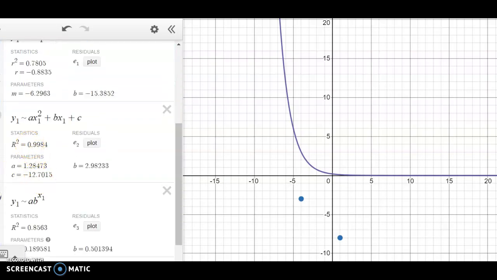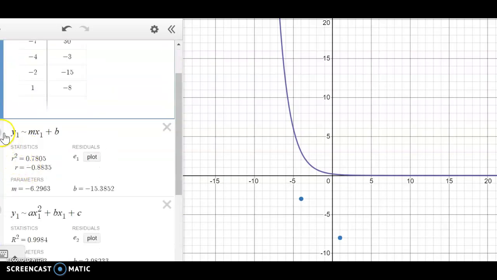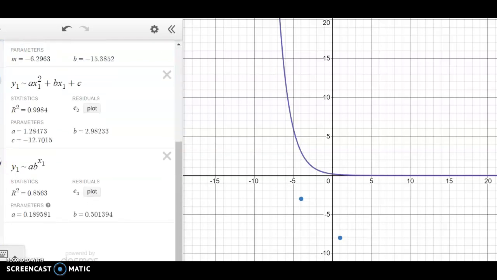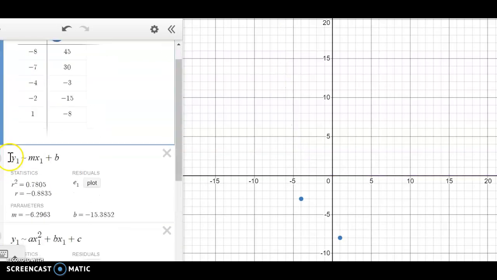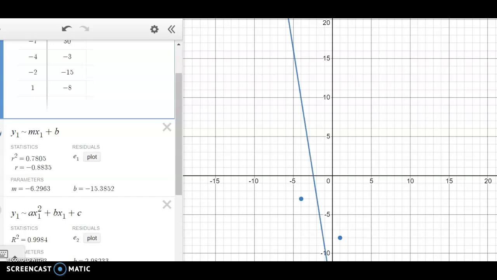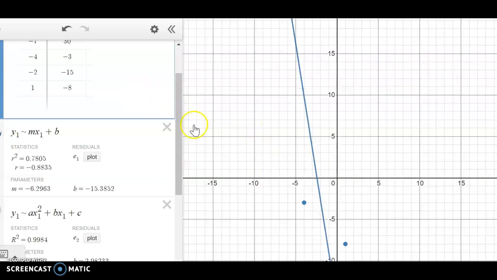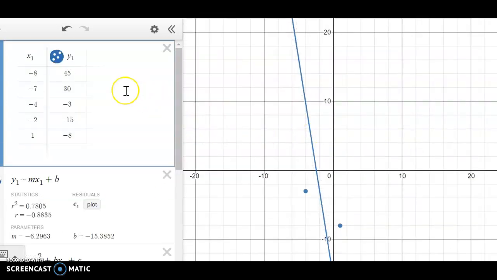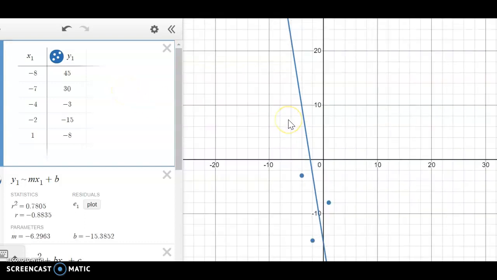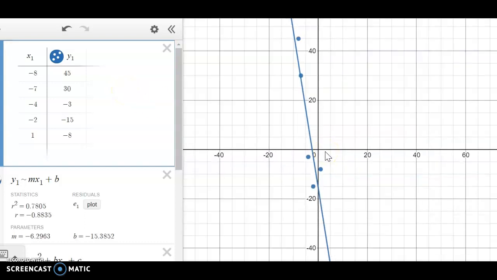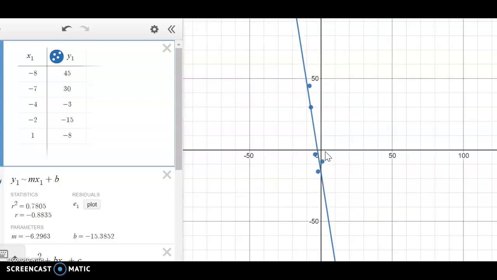Let's turn all these guys off. So, if I do this one, here's my data. Okay, my r squared is 0.78, 78%.